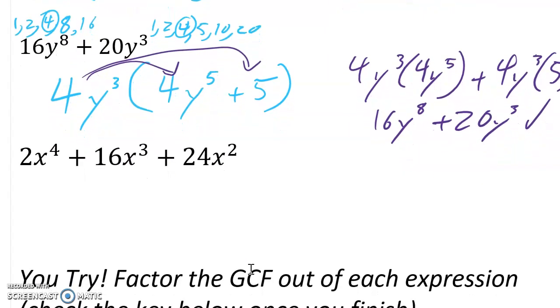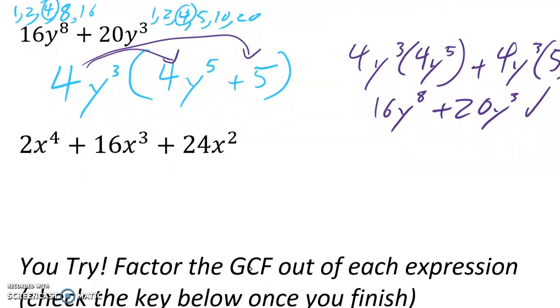Well, just have one more here. Here's 3 terms. Now in this case, I see there's a small coefficient 2. A greatest common factor can't have a number that's bigger than your smallest number. So I'll start there. I can see that I could divide 16 and 24 by 2.